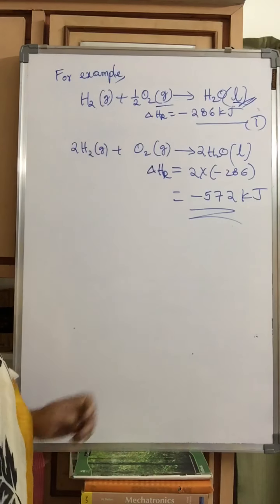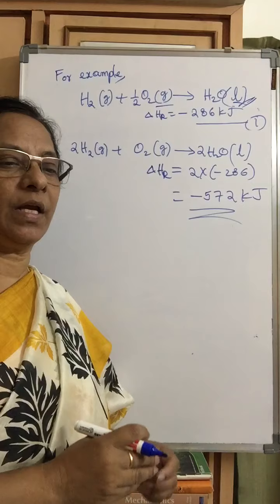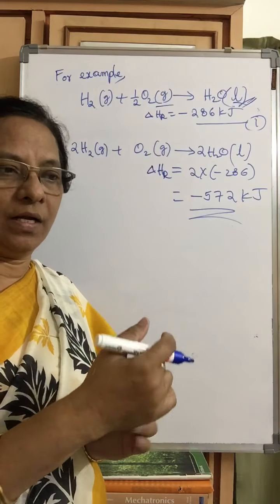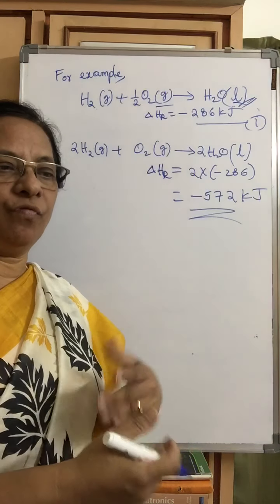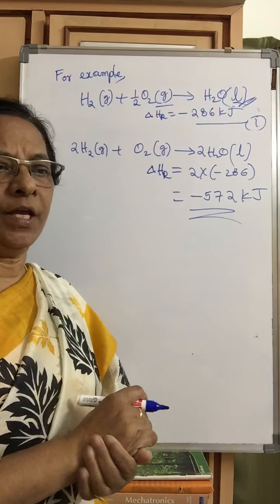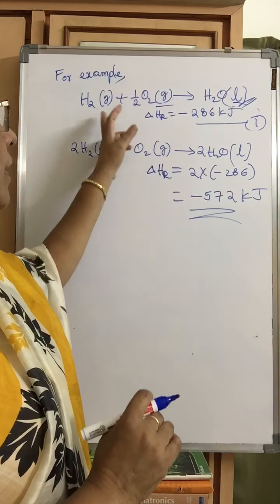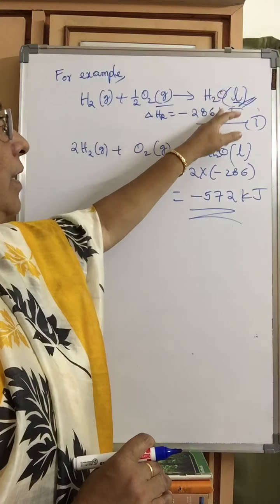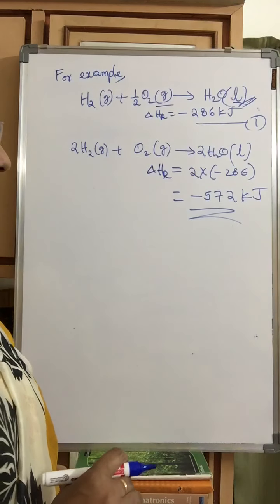Using this, in the next classes we will calculate using Hess's law of constant heat summation, which is a law of thermochemistry. We use that law to find the heat of formation of some compounds. So whenever you want to change the stoichiometry, you need to multiply the delta HR value with the same coefficient.